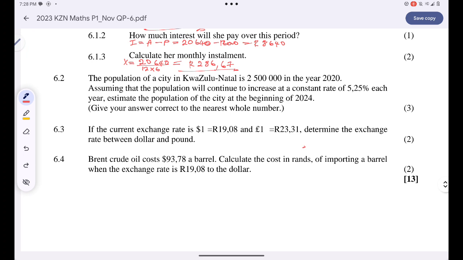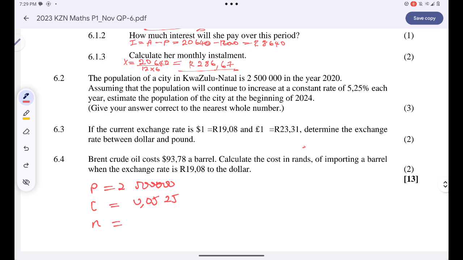We are dealing with the number of people, right? But we can treat it as if you are dealing with money, such that the value of P is just 2,500,000. The value of I is 5.25%, which is 0.0525.